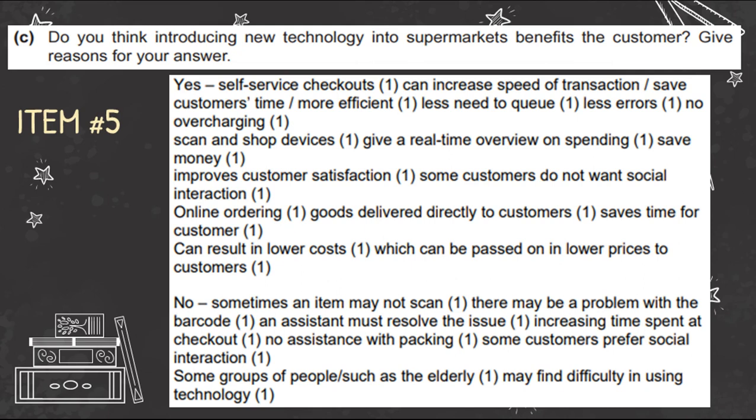And another new technology, for example, online ordering, where goods are delivered directly to customers, also saves time for them. The downside is that it may not benefit every customer, probably because some groups of people, like the grown-ups, may find difficulty in using the technology, so you need to educate them as well.